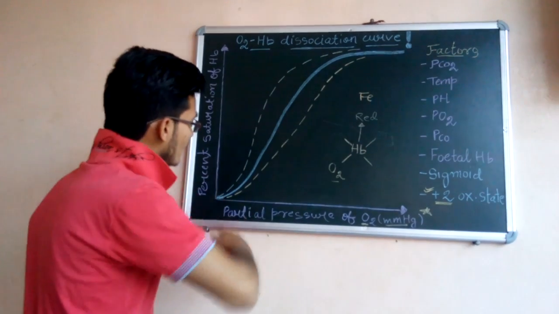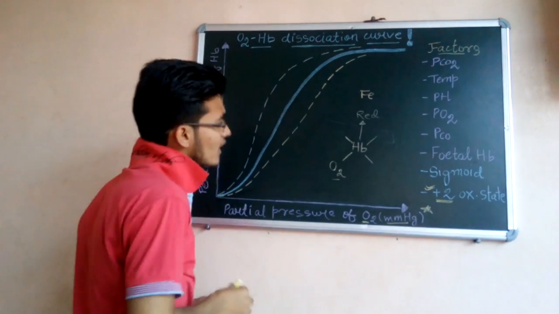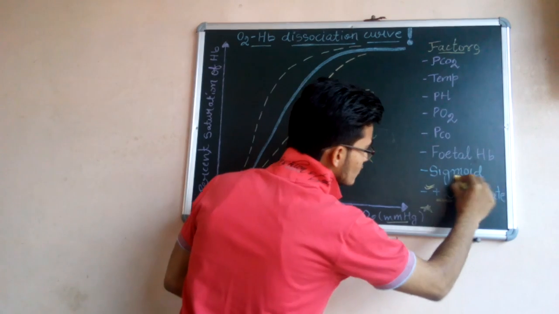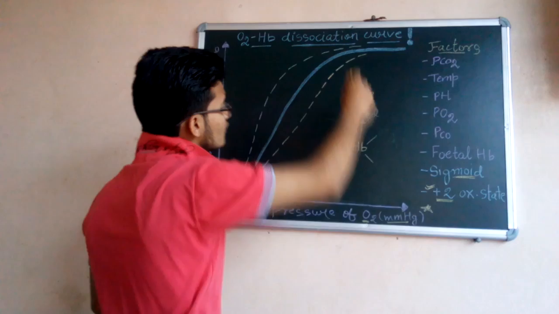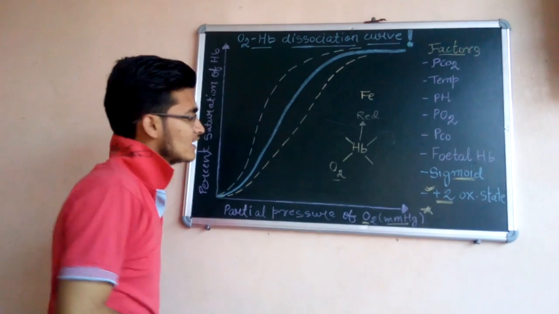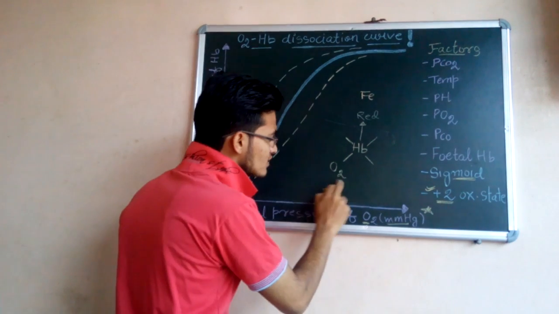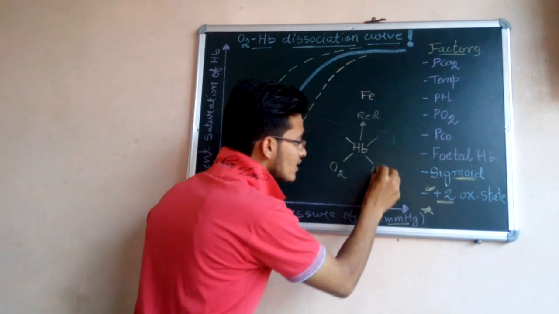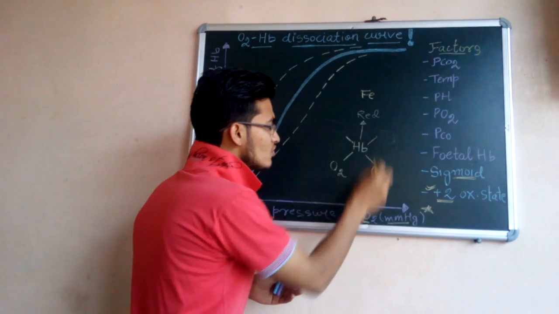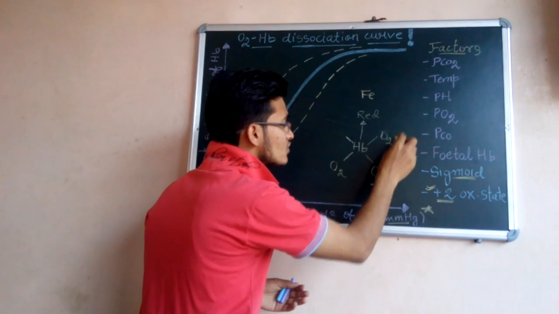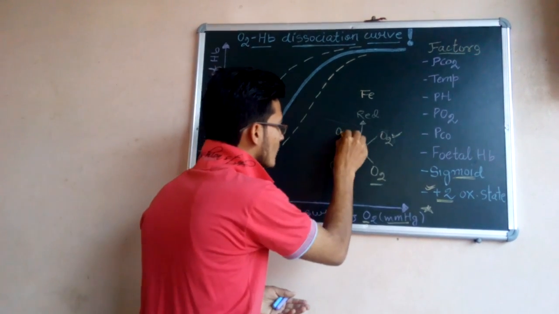So this graph is like this, and this particular shape of graph is known as sigmoid. This forms another important question from this article. And why is it sigmoid? When a single O2 molecule binds to Hb, it is quite difficult to bind, but this oxygen facilitates the binding of another O2 molecule, so this O2 molecule can bind easily. 2 O2 molecules facilitate the third oxygen molecule, so this oxygen molecule will bind even more easily, and so on.